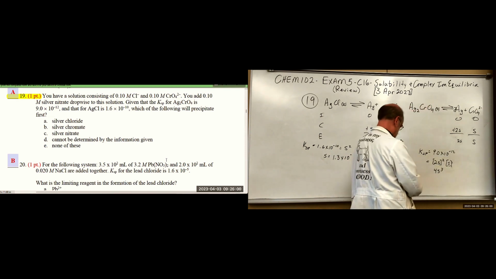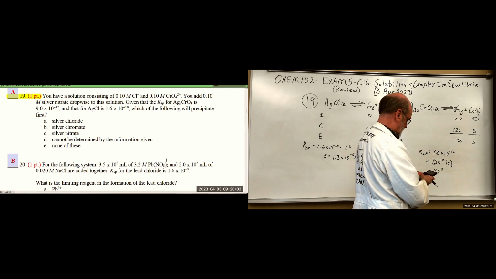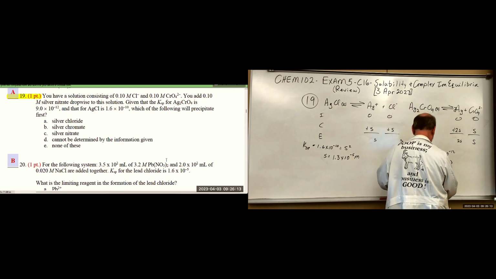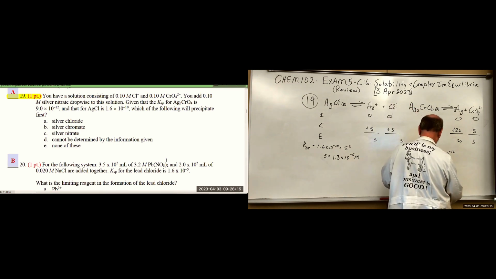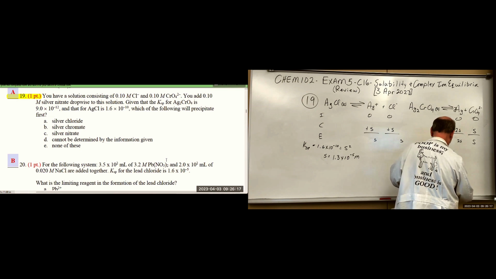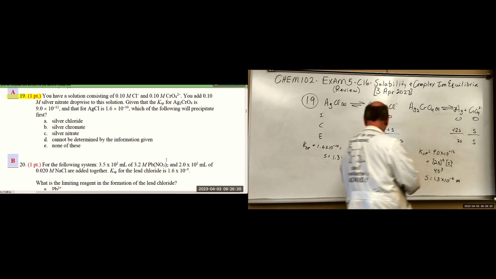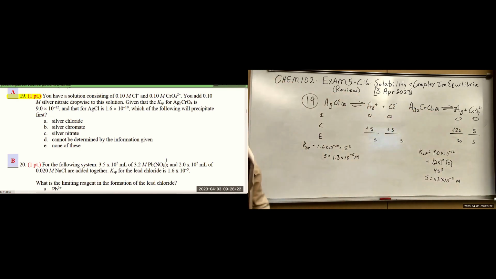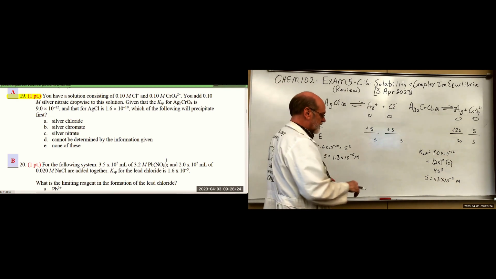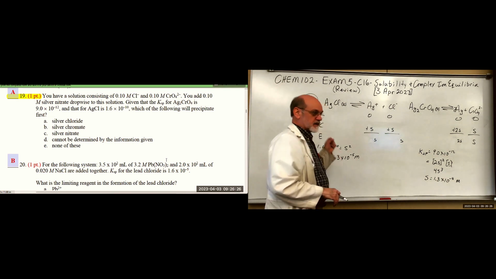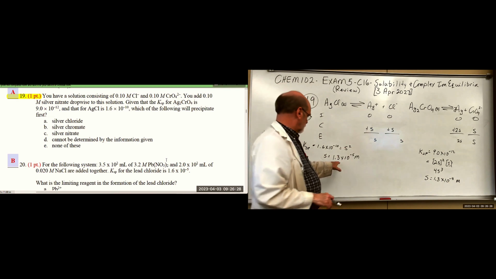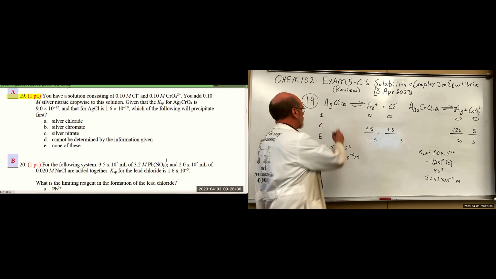So I need to divide 9 times 10 to the minus 12 by 4, and then take the cube root of it. So this solubility is equal to 1.3 times 10 to the minus 4. There we go. That answers the question. The least soluble one is the one that's going to come out first. Silver chloride.